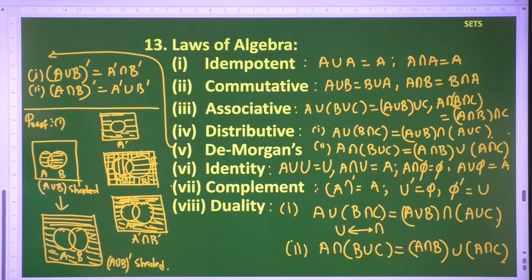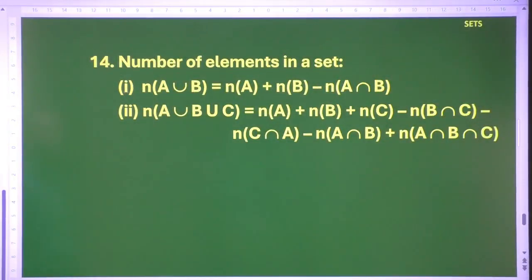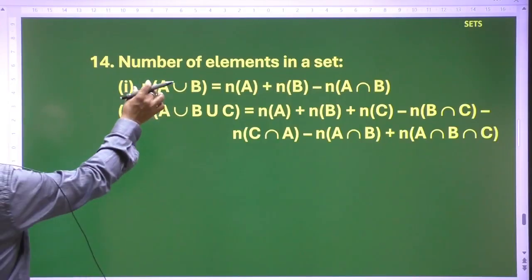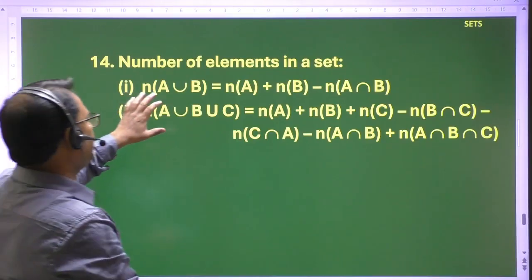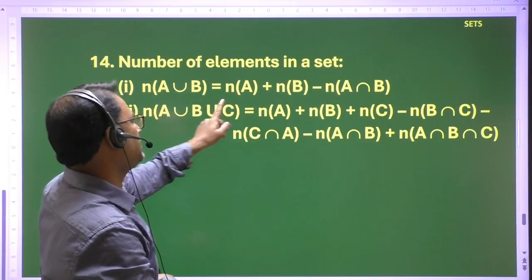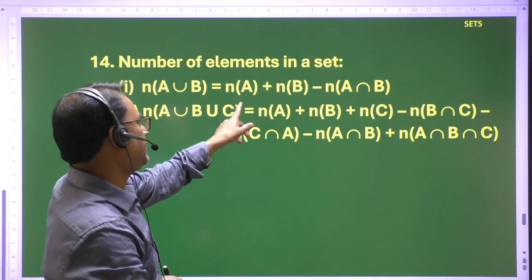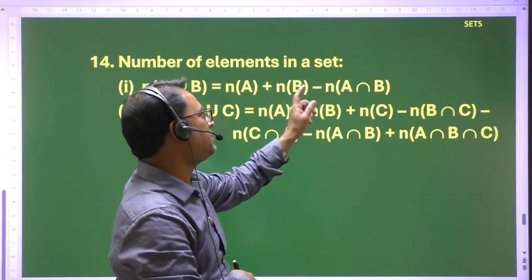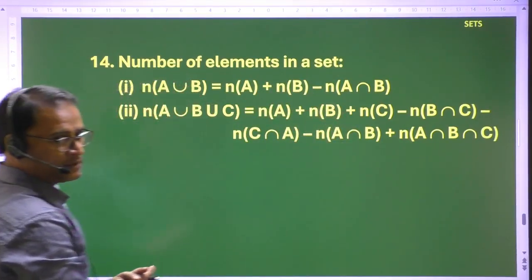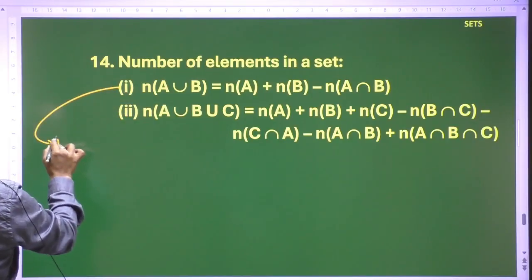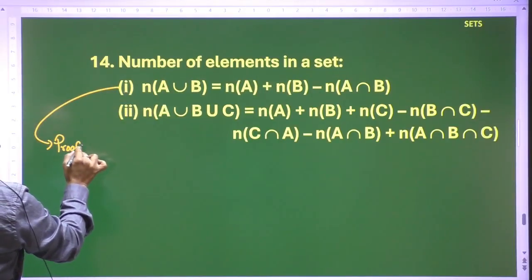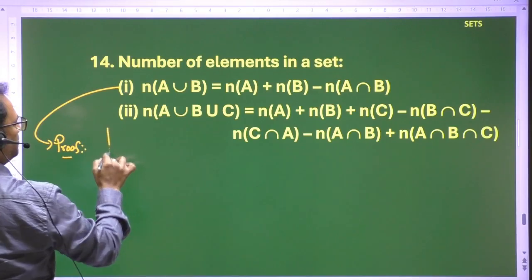Now coming to the most important part, how to calculate the number of elements in a set. Suppose we have n of A union B. The total number of elements in the union of A and B is the total number of elements in A plus the total number of elements in B minus the total number of elements in their common portion. Coming to the proof of this result, the proof is very easy.